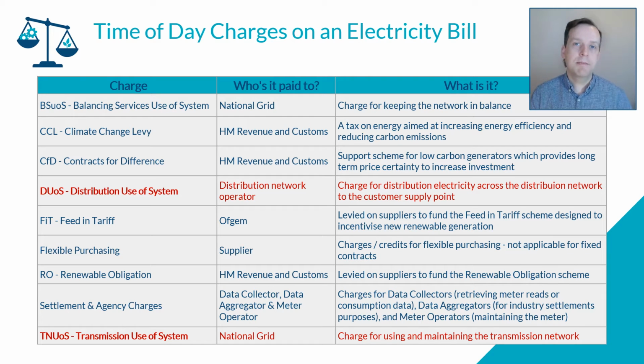So again, specific to the UK, time of day charges, whatever territory you're in, I do recommend you take a look through your electricity bill to see what exactly you're being charged per kilowatt and what exactly you're being charged for capacity.